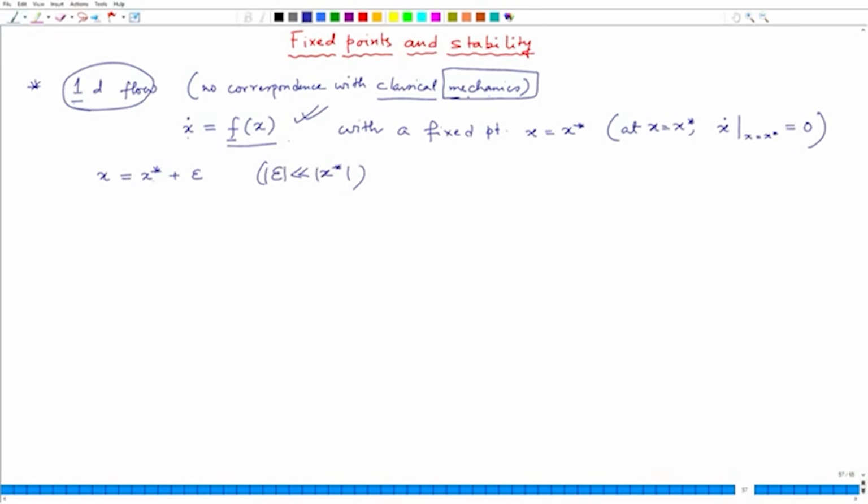If x star is a constant value, we also know that x dot will be practically equal to epsilon dot, because x star is constant.